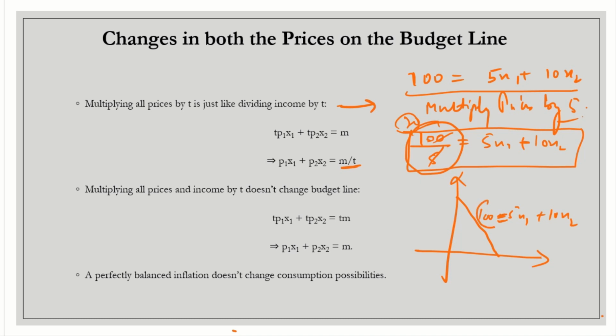Now you only have 20 rupees in your pocket to choose between good 1 and good 2, which cost 5 and 10 rupees respectively. So obviously your budget is going to shrink, so it will shift backwards. I can show you with an example also. Say for example we solve for 20, 20 is equal to 5x1 plus 10x2.